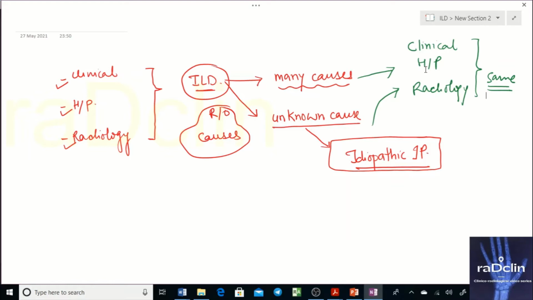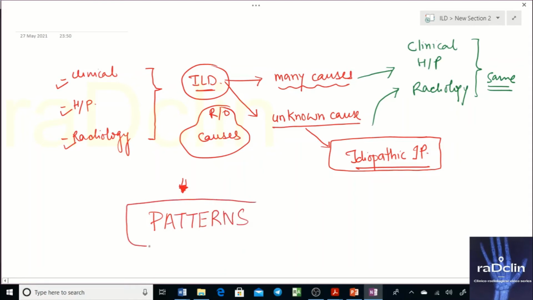Since we know that clinically, histopathologically, and radiologically, they are same irrespective of the cause, we have patterns. We have enlisted few patterns, and these patterns are the things that we are going to discuss.